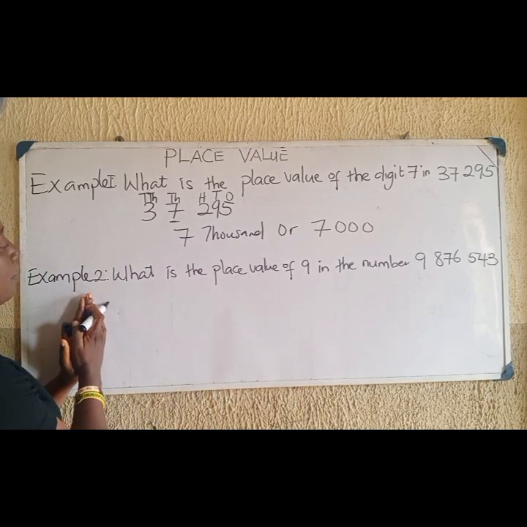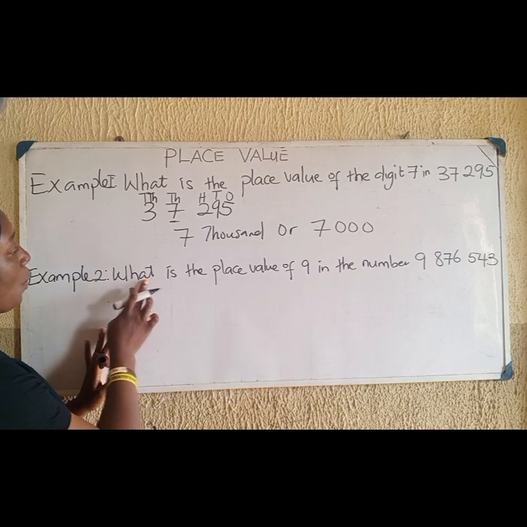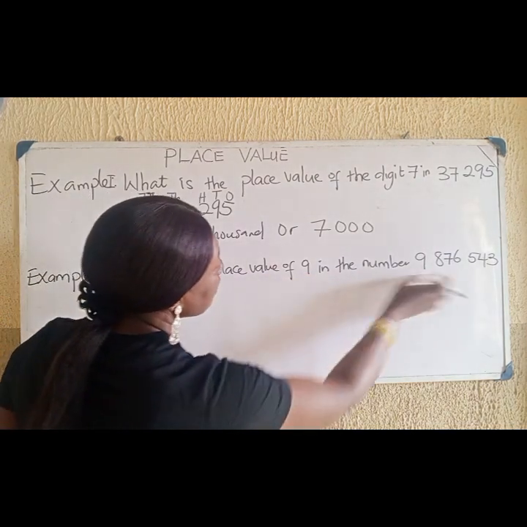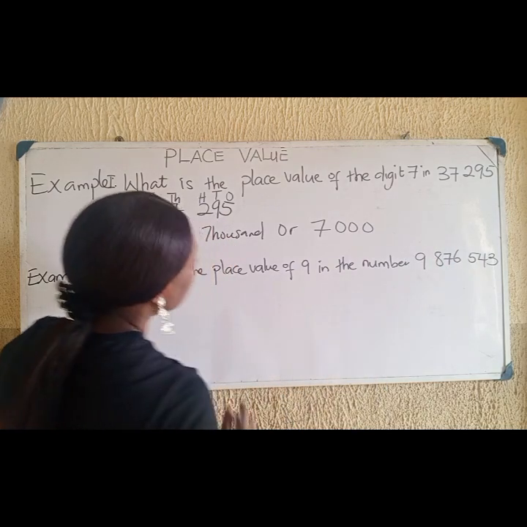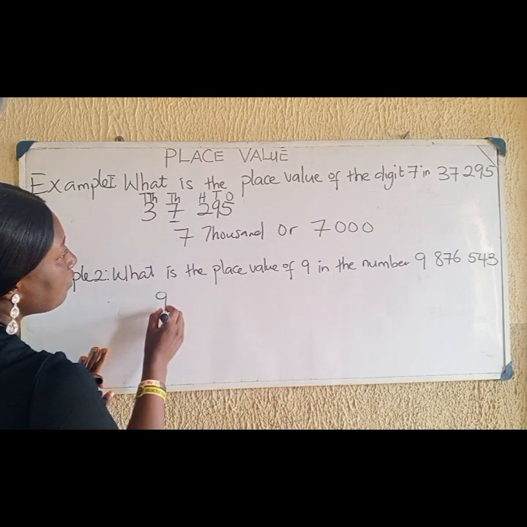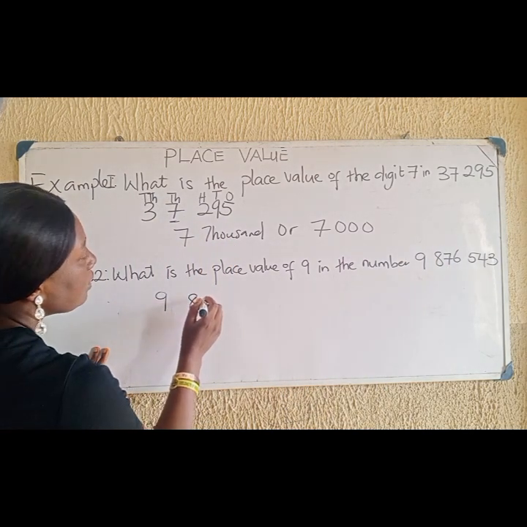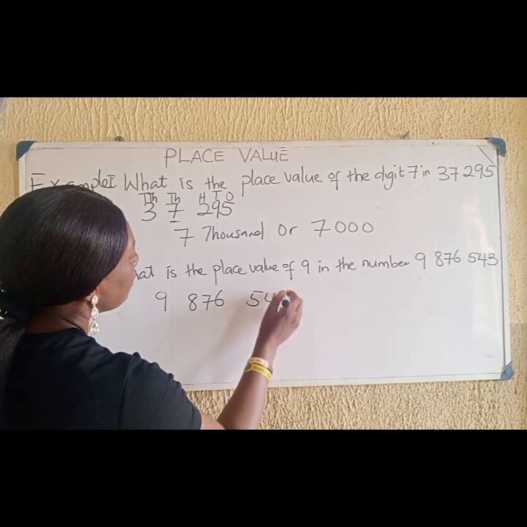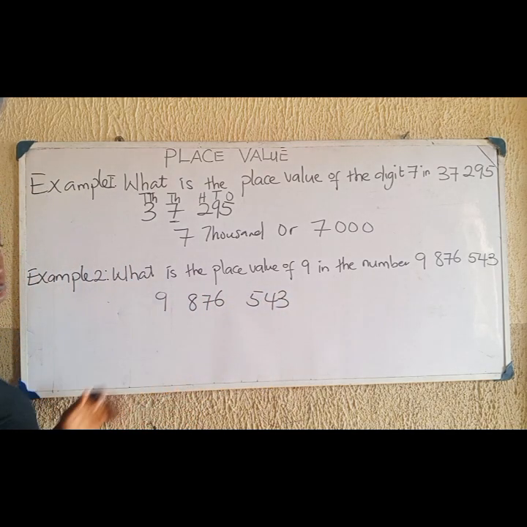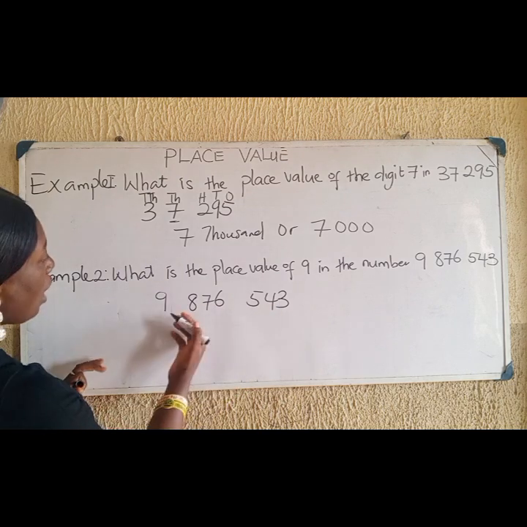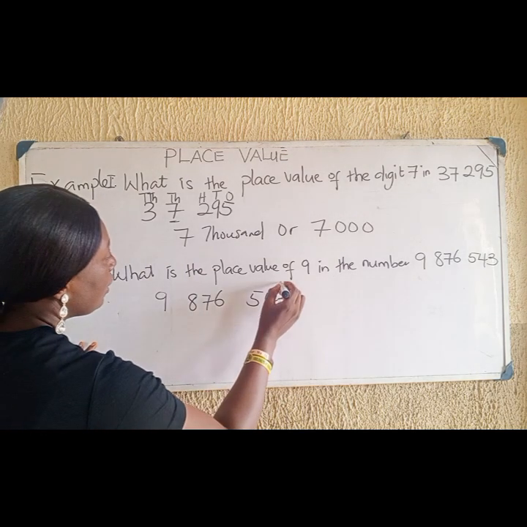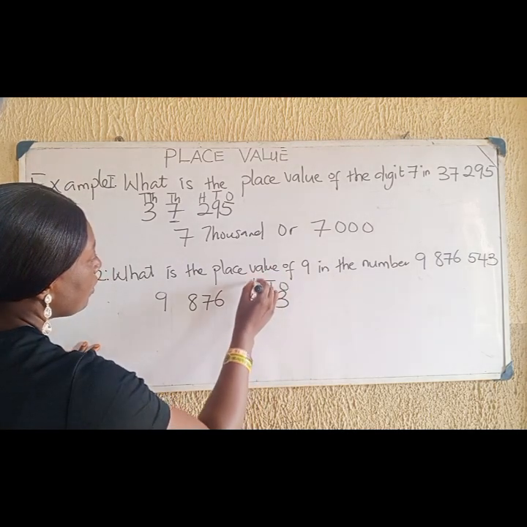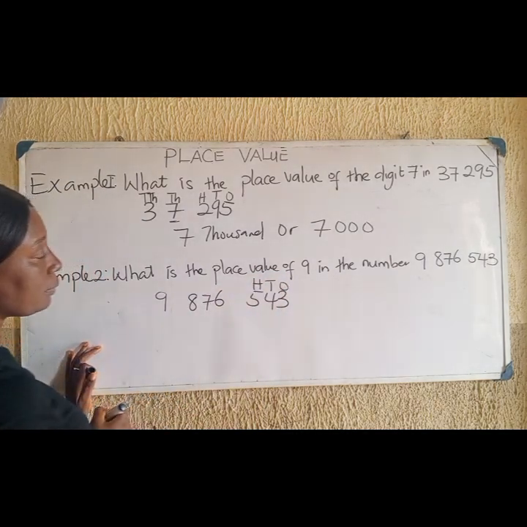Now looking at the example 2, it says, what is the place value of 9 in this number? So let me bring out the number. I have 9, 8, 7, 6, 5, 4, 3. The number is grouped already. So I will now put the place value. This is 1, this is tens, this is what? 100.